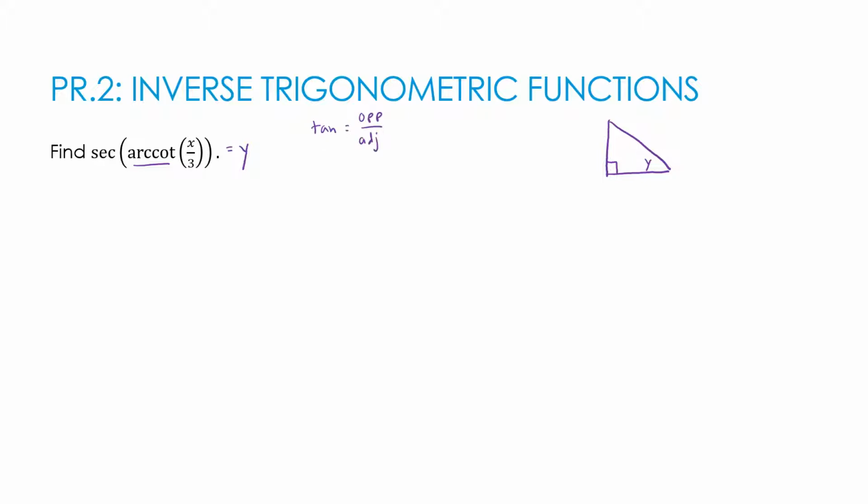So the inverse of that is adjacent over opposite. Cotangent would be adjacent over opposite. So if adjacent over opposite is x over 3, that means this is like an x and this is like a 3. Oh, just kidding. That's the hypotenuse. And this is like a 3. So that's where my picture would start.